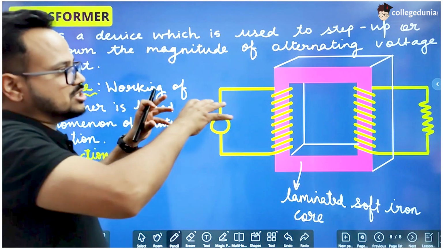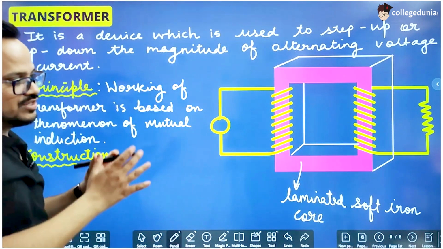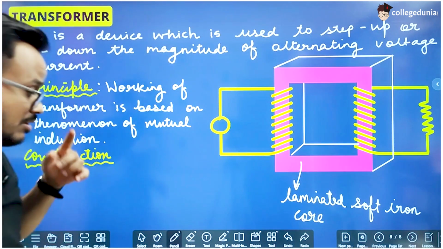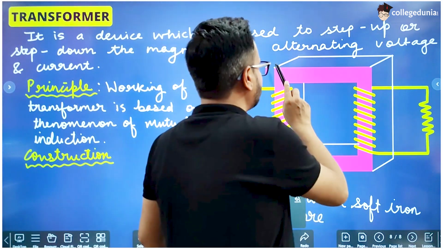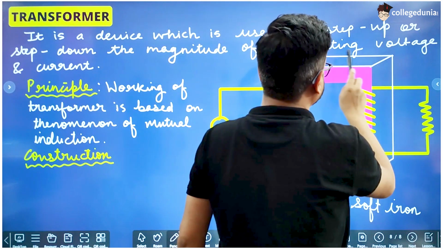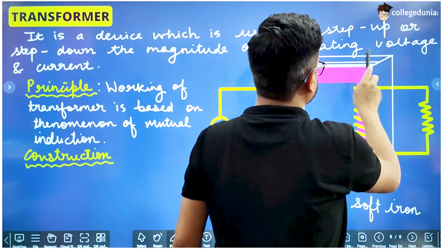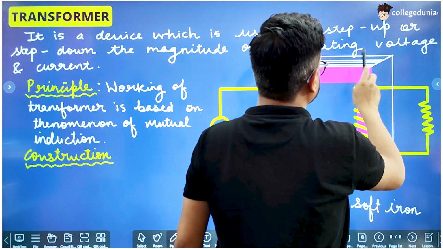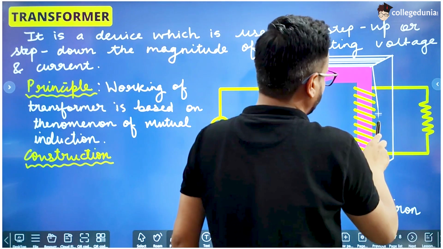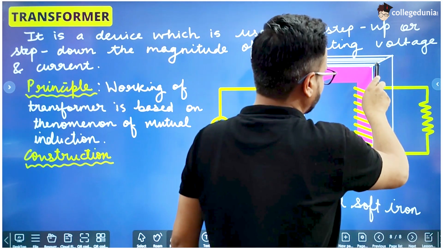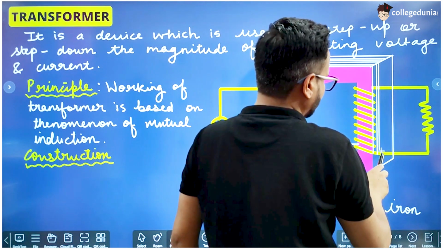Instead of taking a whole block of soft iron of this shape, what we do, we make thin sheets of this shape and join them together. These are thin sheets of soft iron which are joined like this to make this core.